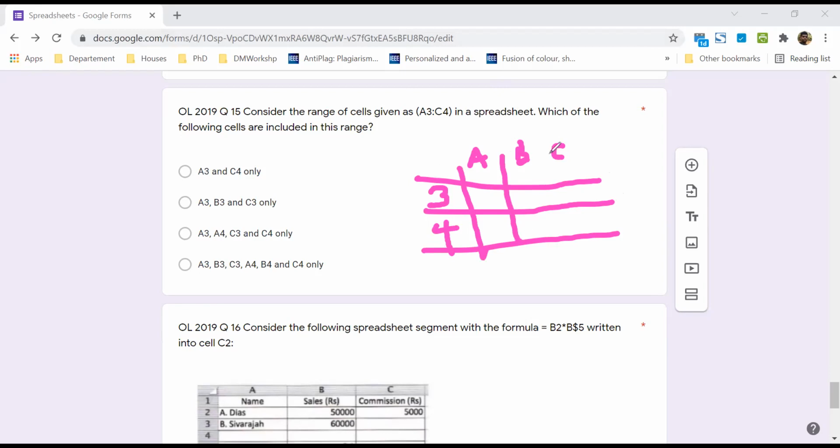So the range A3 to C4 should include everything in between, isn't it? So it should include A3, B3, C3, A4, B4, C4. Ranges, I think we have done earlier as well, but it's good that you understand this one. That was a good question.